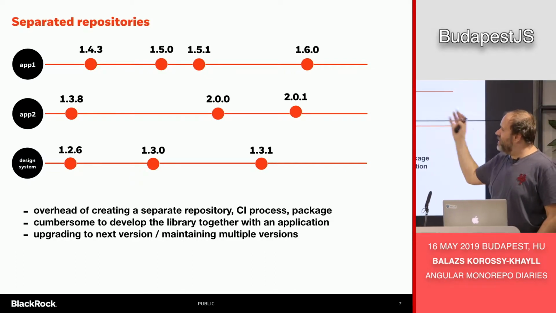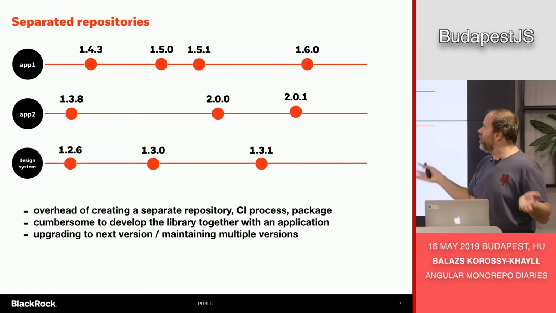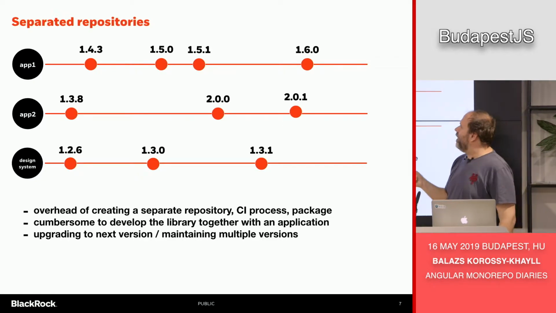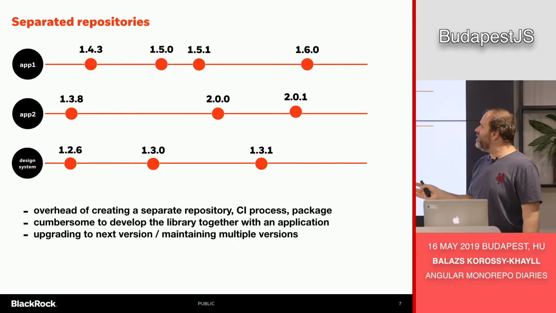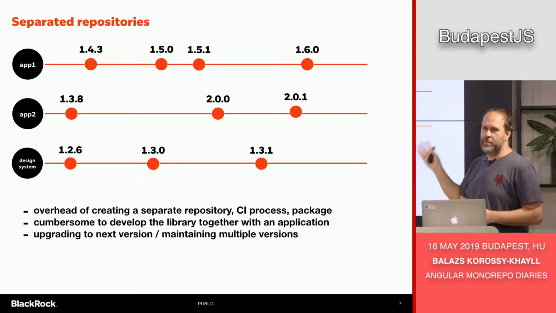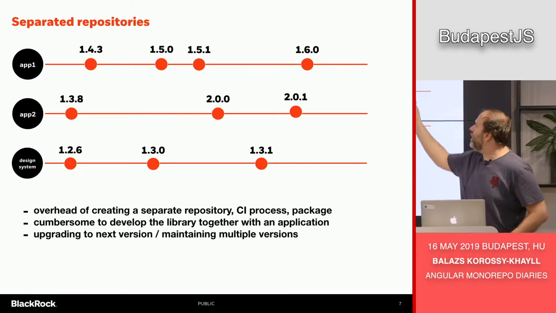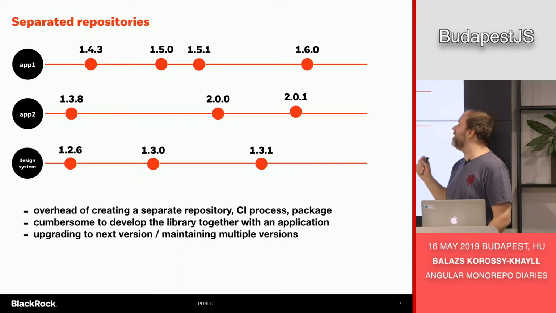And the design system guys actually developed the component that was long awaited, the data grid, right? A common problem. But application 1, they had no time, and they did their own implementation, right? So in 1.5, they're using their own implementation, although there is one from the design system.